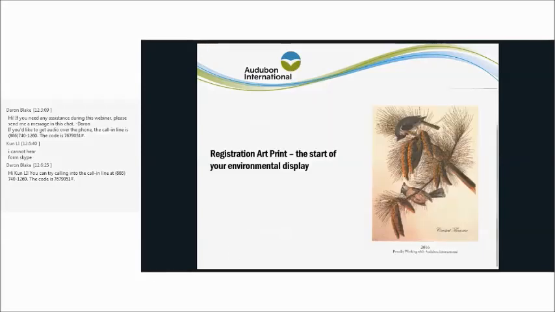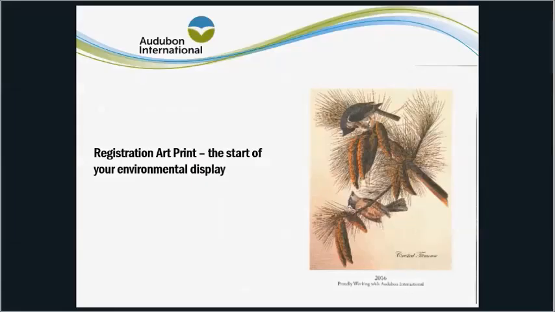And the registration art plant print, which you'll receive one of each year with certification, or I'm sorry, with renewal. And whatever time of year your renewal may be, whether it be January or November, is when you'll get this environmental art print, your bird print. It is a drawing done by John James Audubon. This year is the crested titmouse.